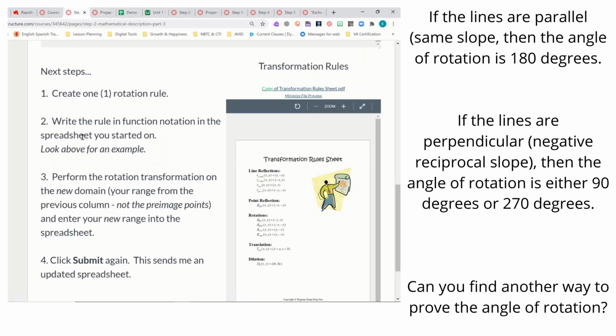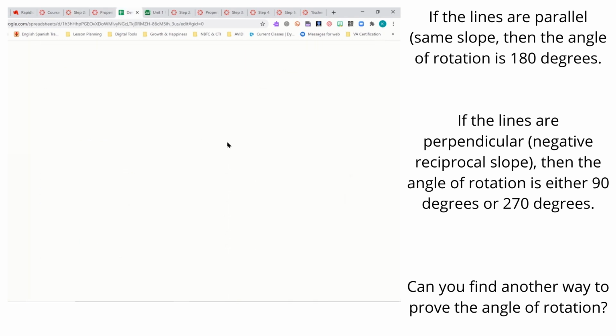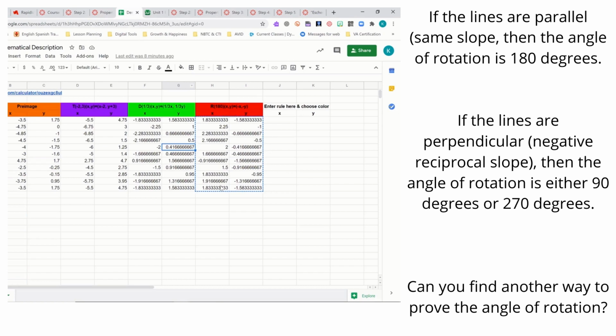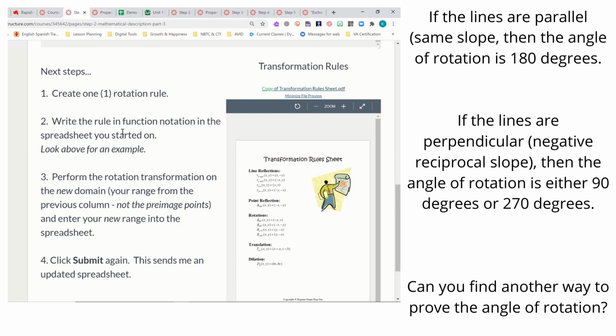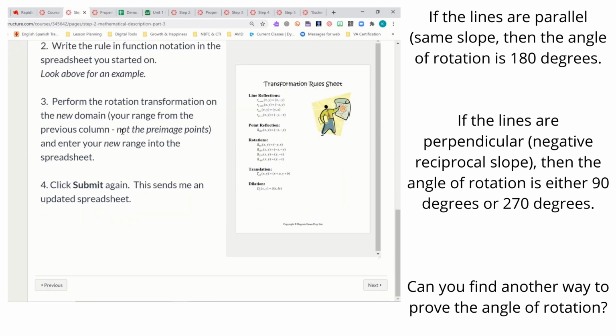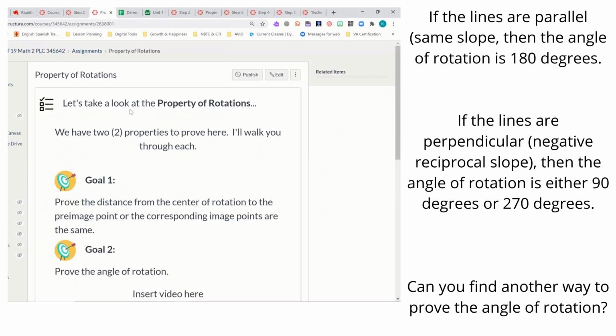Then you perform the rotation transformation on your new domain, which are these points. That's performing the transformation. You have hit submit and turned in your updated spreadsheet. And so now you're ready to prove the properties of rotation.